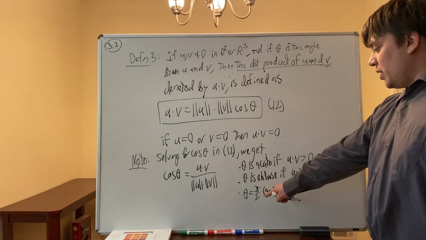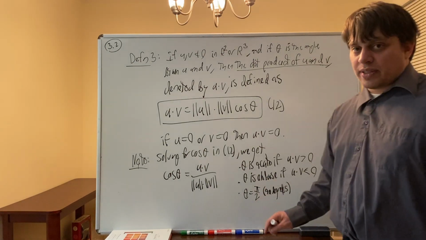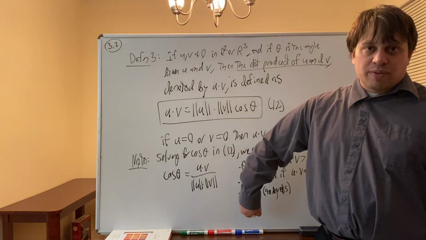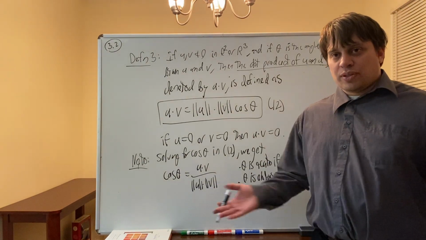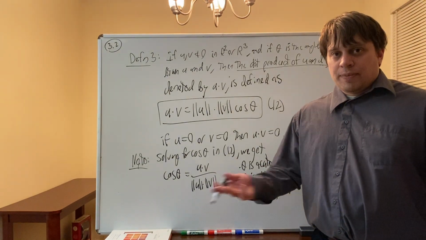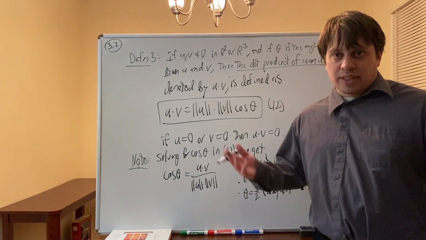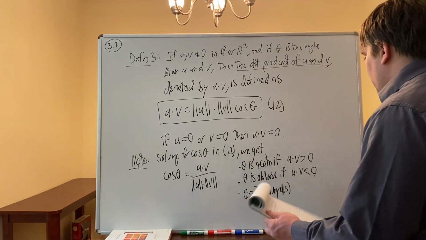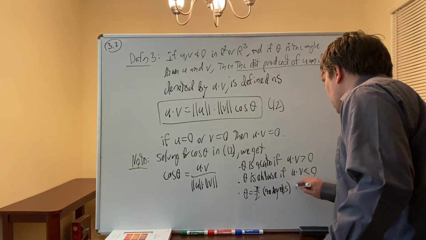Usually in calculus and higher level math, you want to talk about the measure of an angle in radians. So here we're saying theta is pi over 2 radians, but if you convert that to degrees, it's 90 degrees. Just like you convert feet and inches, you can convert between radians and degrees. They're just 2 different units of measurement for an angle. So theta is pi over 2, which is 90 degrees, if U dot V is equal to 0.